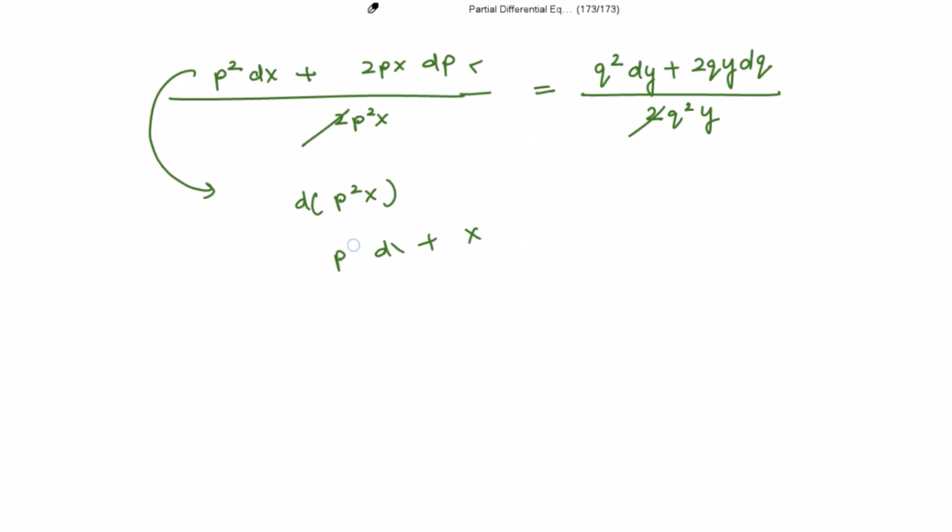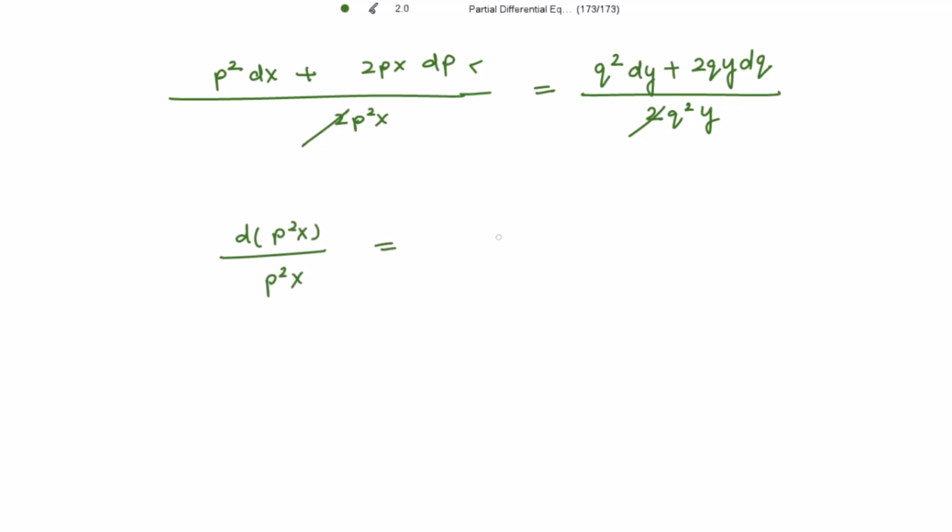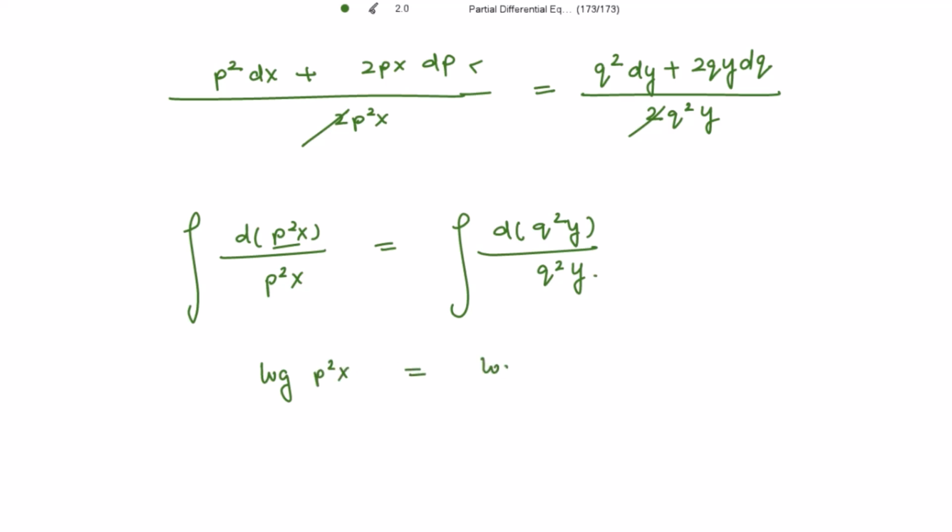So writing the numerator as the derivative of p square x divided by p square x equals, here also, the derivative of q square y divided by q square y. And now integrating both sides, because I need to integrate with respect to p square x, it is log of p square x equals log of q square y plus log of b, the constant.